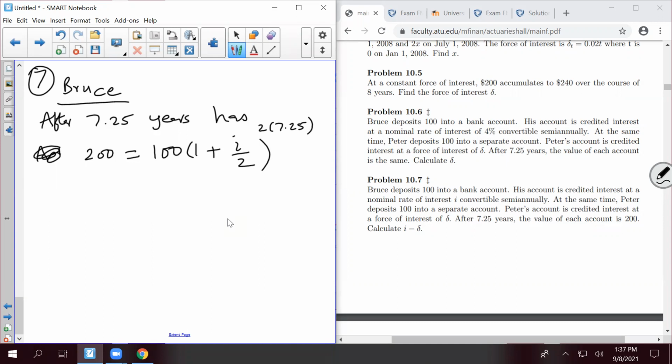And what will we get from this equation? I. So let's see. How do we get I? So we divide by 100. 2 equals (1 + I/2) to the power 14.5, and then take the 14.5th root, 1 over 14.5.